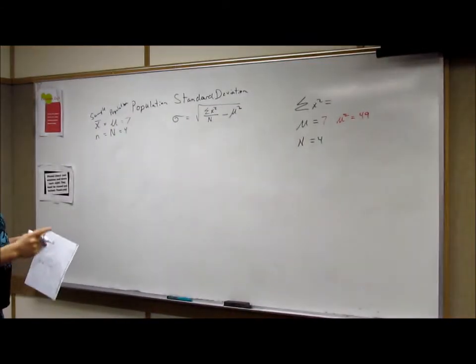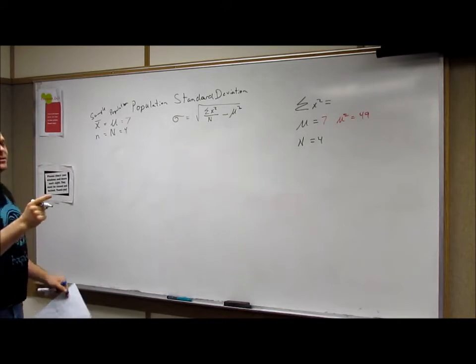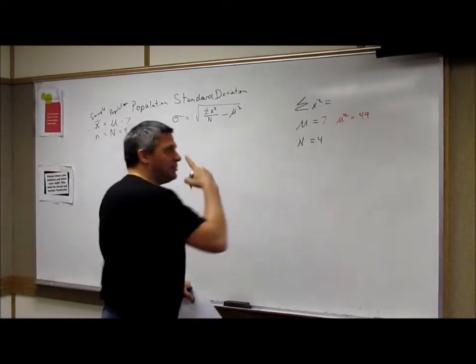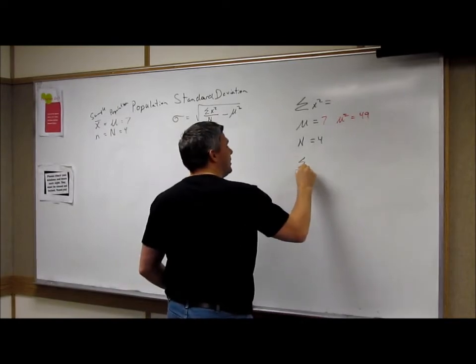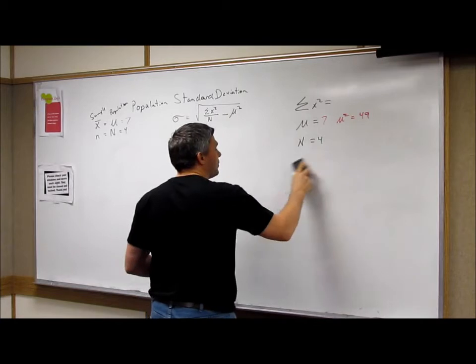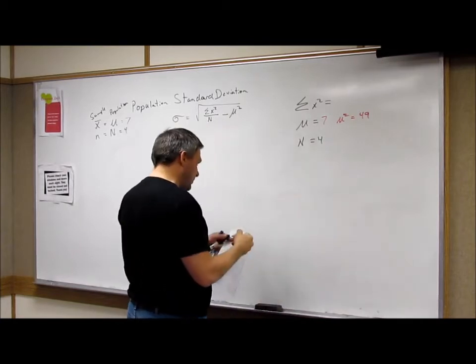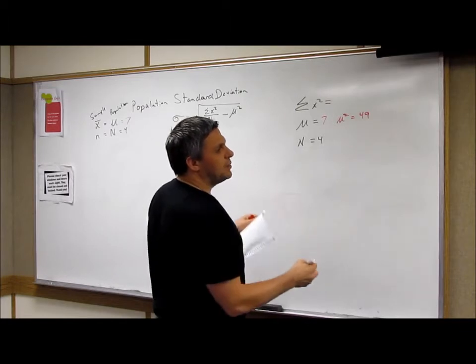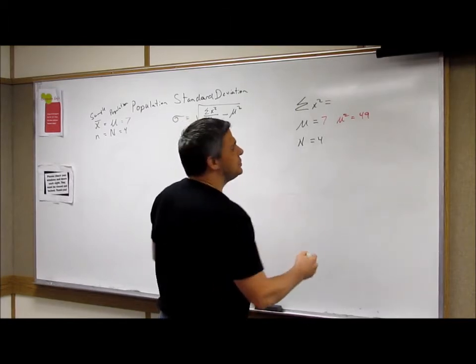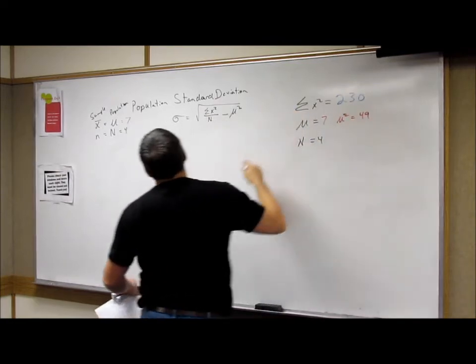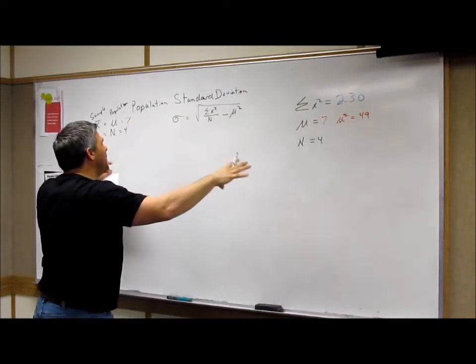In the last equation, we used the same data, remember? We found the sum of x squared, and we found it to be 230.